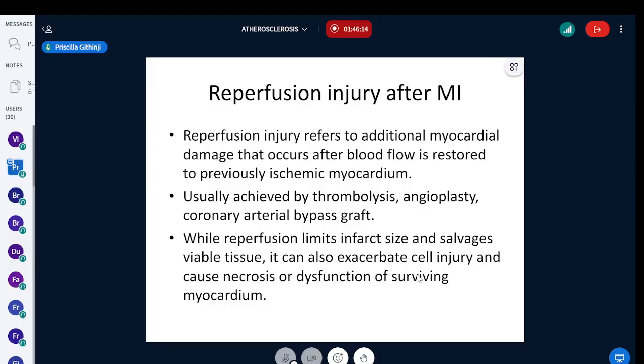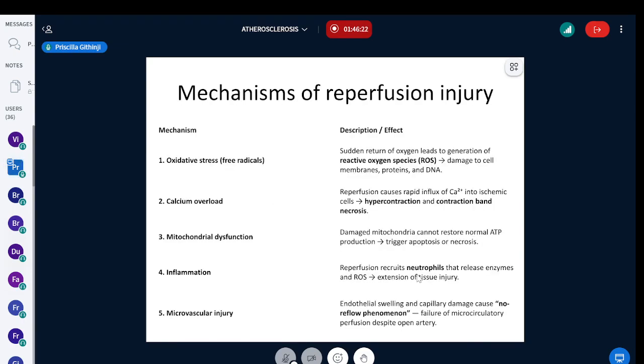Also, when you're bringing in blood, you're bringing in inflammatory cells that also release more reactive oxygen species that now contribute to reperfusion injury.